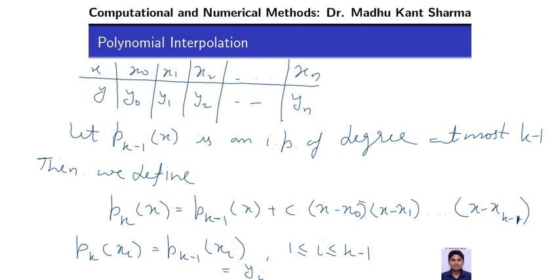Okay. So k minus 1 interpolating conditions are satisfied. So this i is starting from 0, right? x0 to xk minus 1. Okay. Right. Now what about at xk? So this c needs to be chosen so that it should satisfy the last condition that pk of xk is yk.